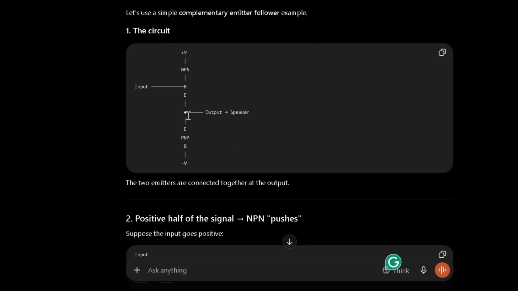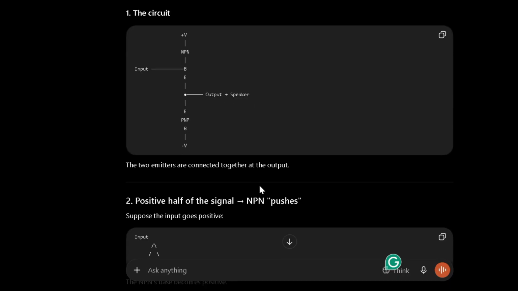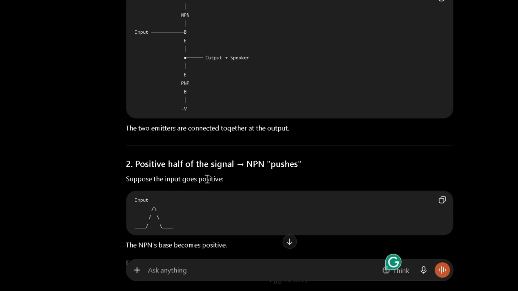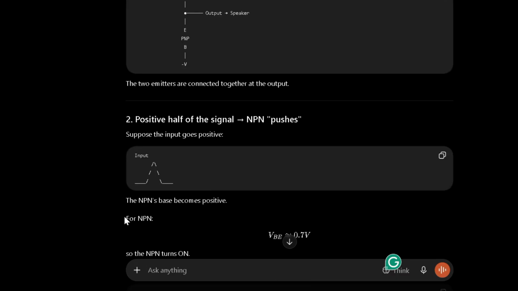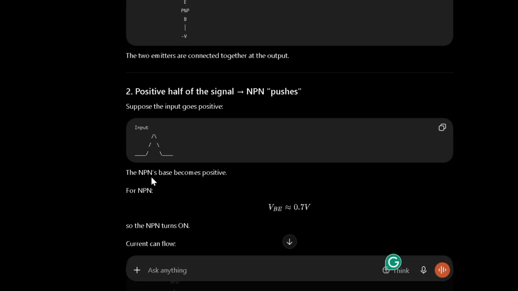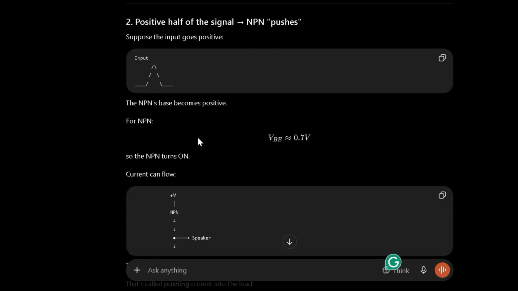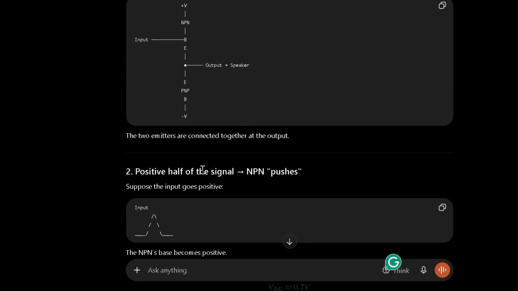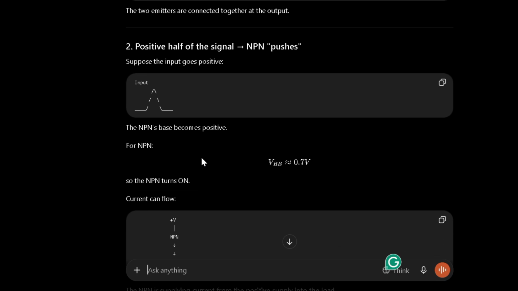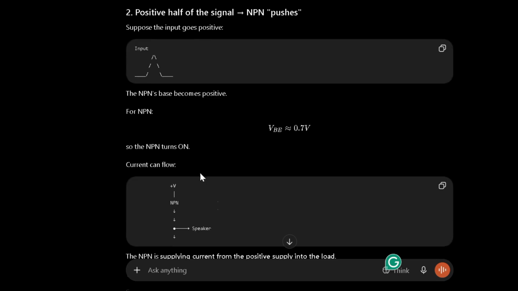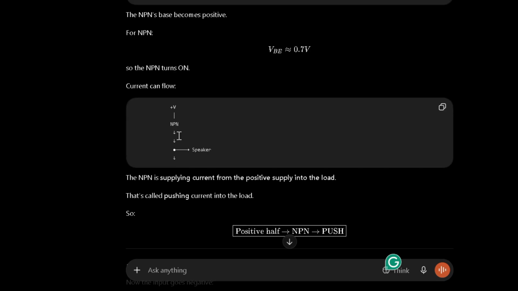The NPN base becomes positive, reaching about 0.7 V, so the NPN turns on. Current can flow from the NPN toward the speaker. The NPN is supplying current from the positive supply into the load. That's called pushing current into the load.